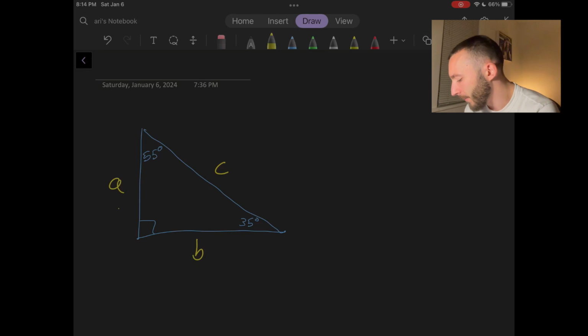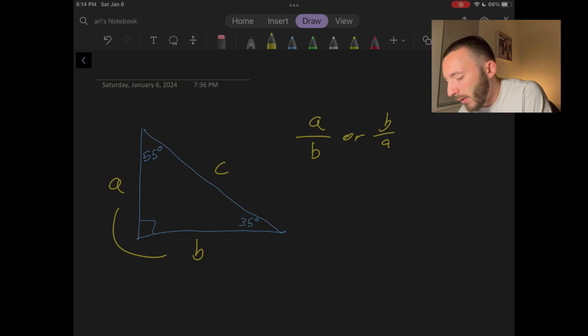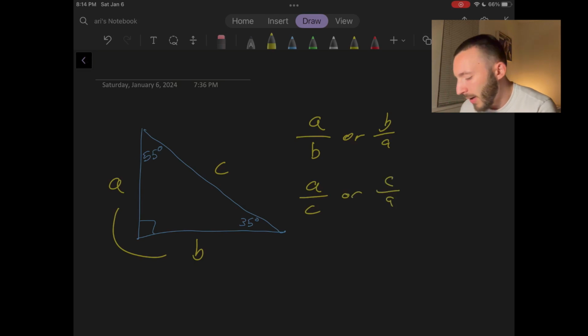We could take A and B as a pair and talk about the relationship between A and B. We could have A over B, or we could have B over A. We could also examine the relationship between A and C. We have A over C or C over A. And finally, we have B and C. What's the relationship between B and C?